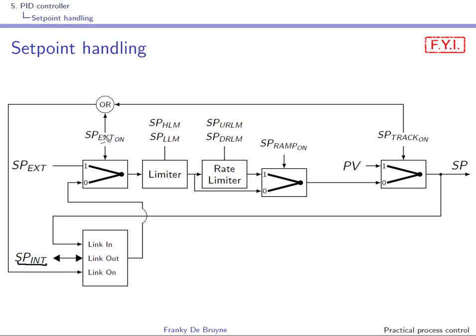If one of these two conditions is 1, you have a 1 here, link on is going to 1, and the internal set point is going to follow the actual set point. In this way, you ensure that when you switch to internal set point, you'll have a value of the internal set point that was the last value of the set point just before switching to this internal mode, and not a set point from a few weeks ago.